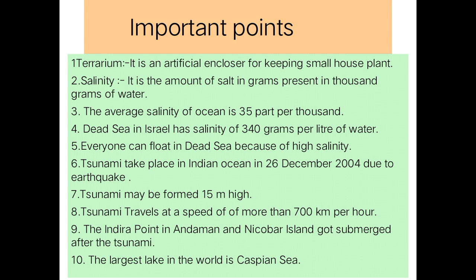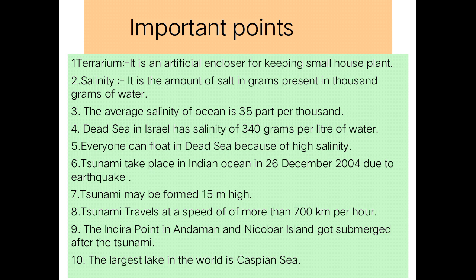Terrarium. Terrarium is an artificial enclosure for keeping small house plants. We can make our own terrarium with the help of a jar. Take a jar, put some soil and mix some humus in it.